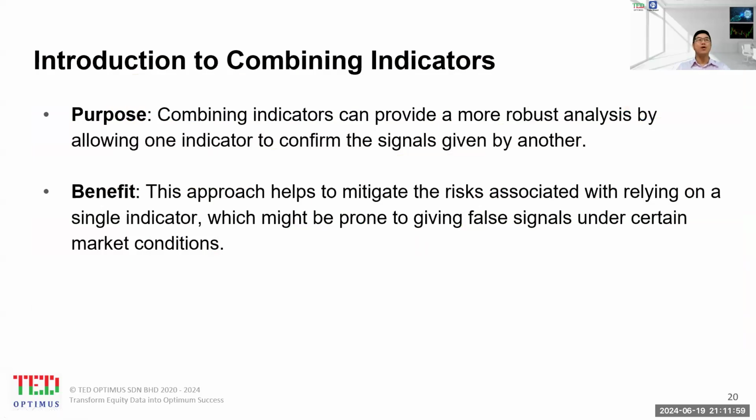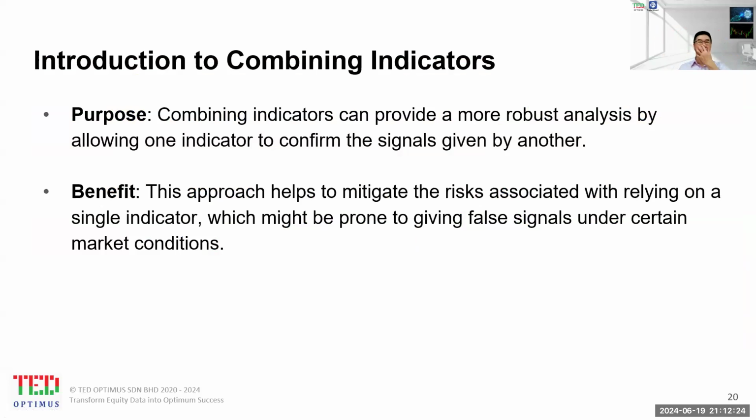So one way is when we do combination, what is the purpose? When we combine, we can provide a more robust analysis because we allow one indicator to confirm the signal given by another. Meaning that if we only use a single indicator, how accurate it is we don't know.